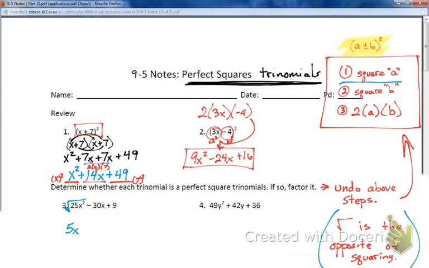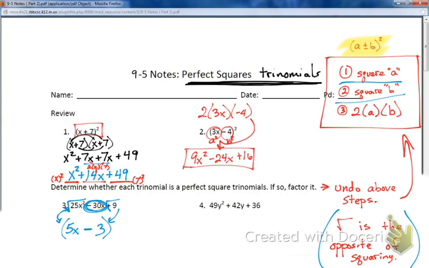Then, if the second step up here was to square b, we're going to undo that by square rooting b. Square root of 9 is 3. And then the sign that goes in the middle of these is going to be whatever sign that middle term has, so in this case a negative.